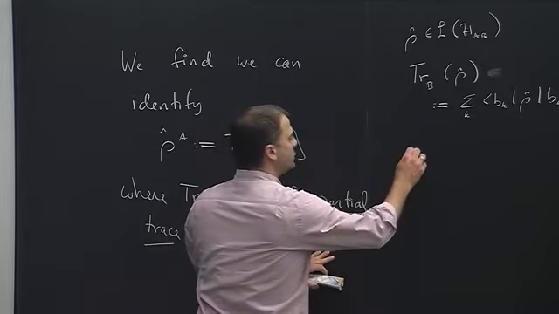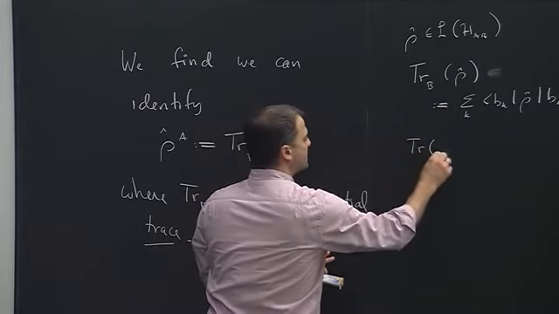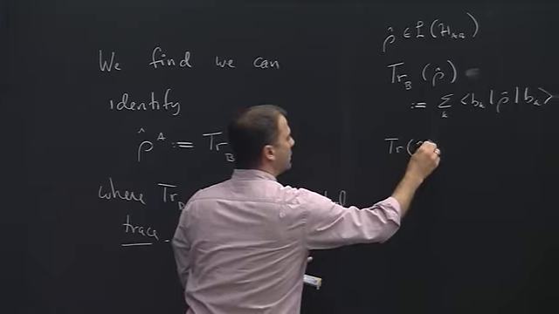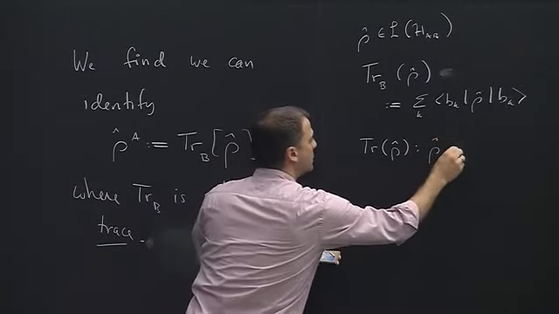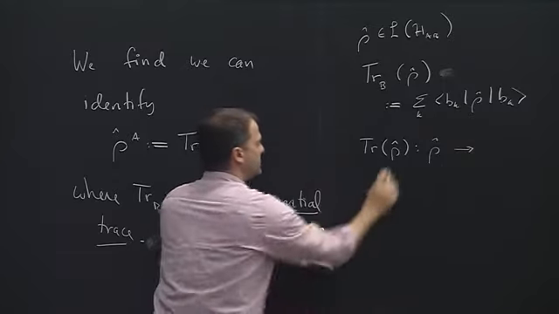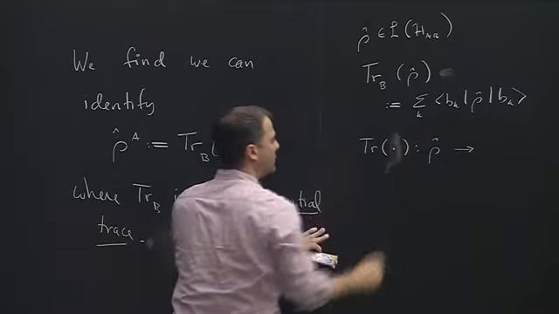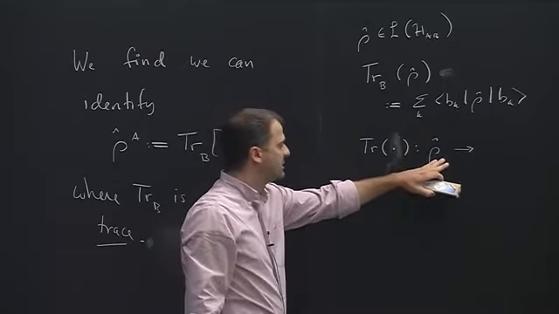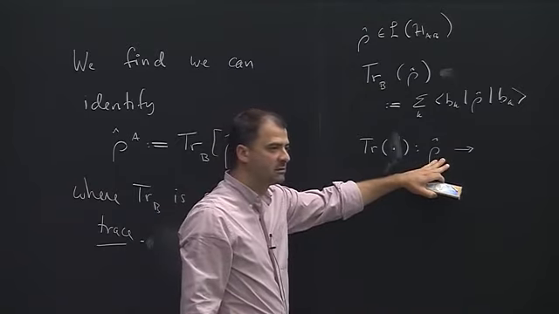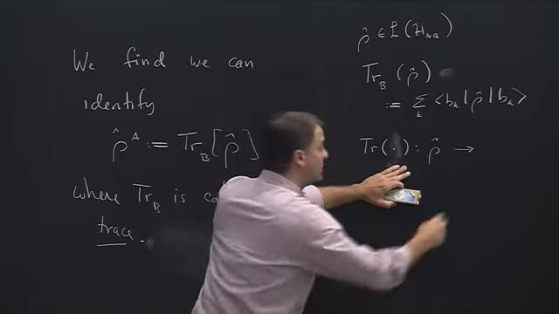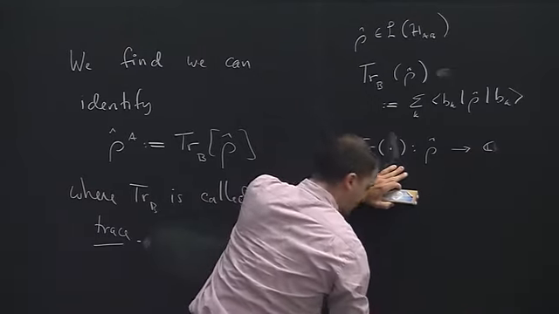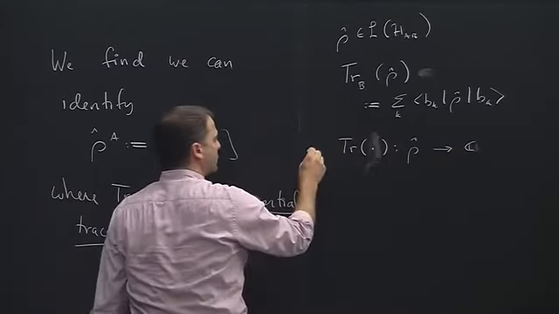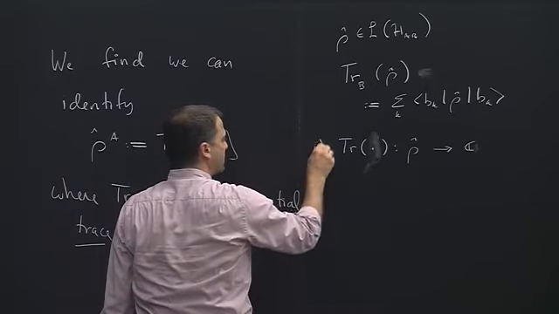Let me just remind you that the trace of some object takes the input and returns a scalar. It returns a complex number. So note, that's the full trace.